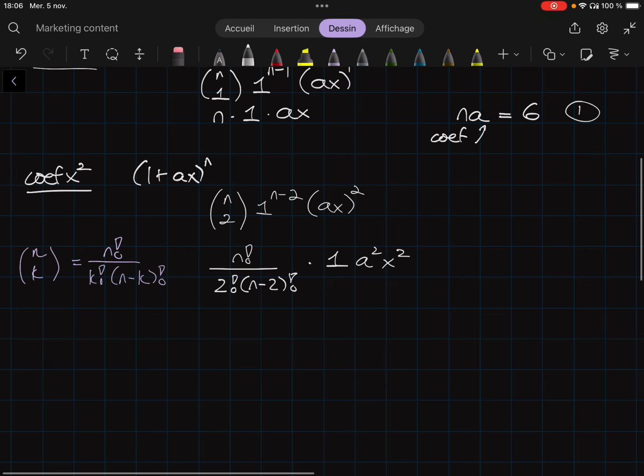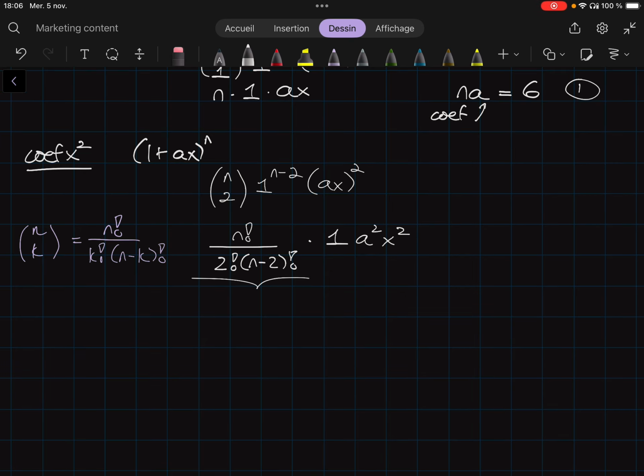Let's simplify this factorial a bit better. N factorial can be written as n times n minus 1 times n minus 2 factorial. The reason we want to stop here is because we want to cancel the n minus 2 factorial in the denominator.